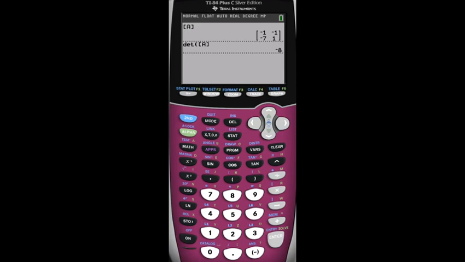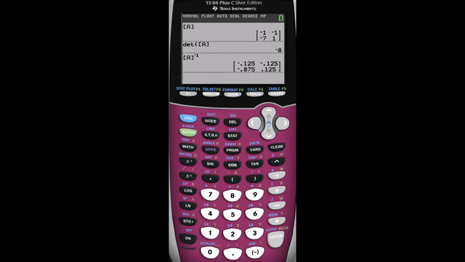Cool. If we want to find the inverse of a matrix, which is really what the determinant's used for, same thing. Go into second, the inverse button, and gives us our matrix menu. Go to your names, so A, and then just hit the inverse key like you would for finding an inverse of something else, and it gives us that inverse.